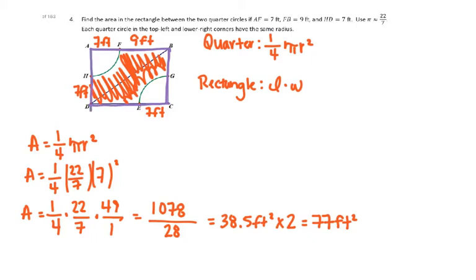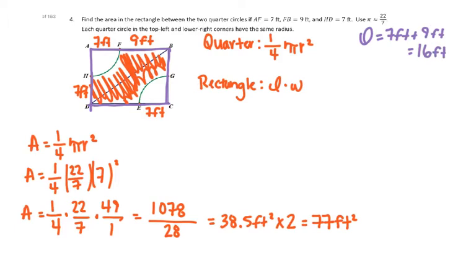So they told us firstly that the length is 7 feet plus 9 feet. So I'm going to write over here the length is equal to 7 feet plus 9 feet. And so when we add 7 plus 9, we get 16. So the length is 16 feet.